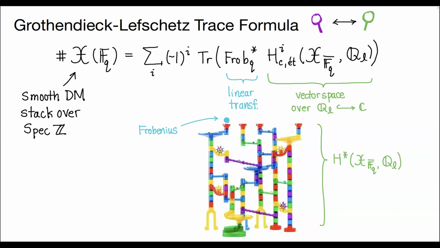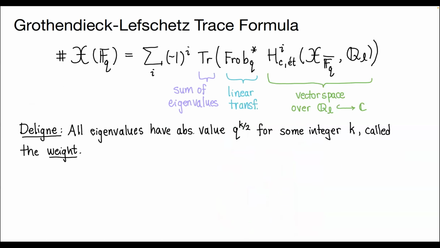And all we have to do is just take the trace. So I'm going to take the sum of all of the eigenvalues of this linear operator. It's a theorem of Deligne that all of these eigenvalues have absolute value q to the k over 2 for some integer k. And this k is called the weight.